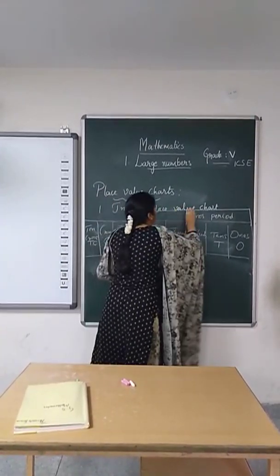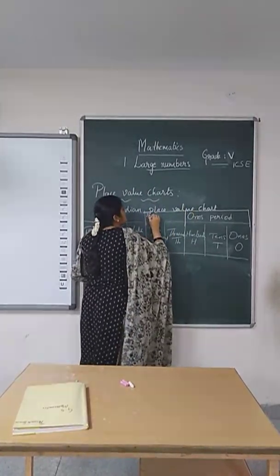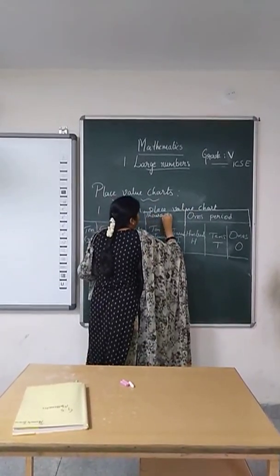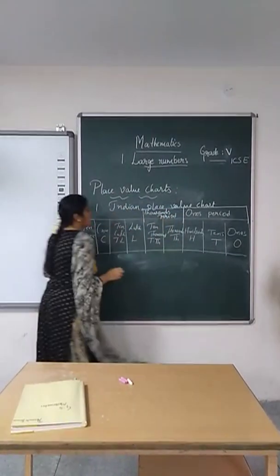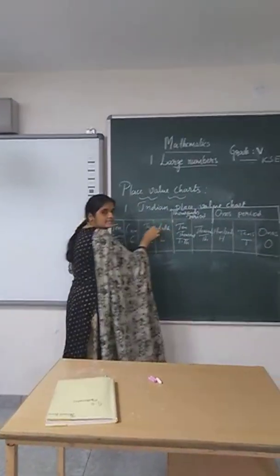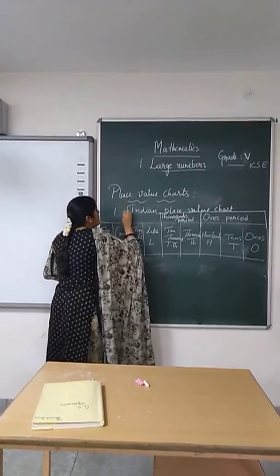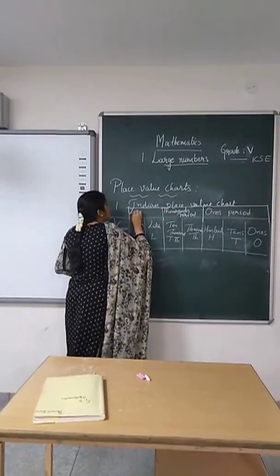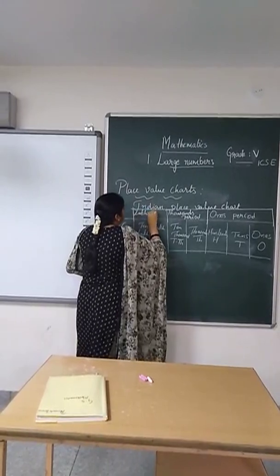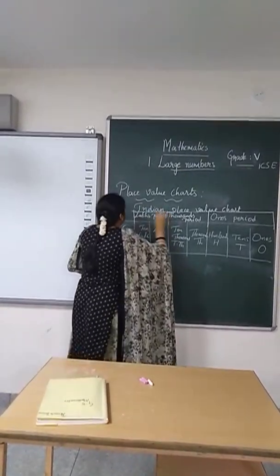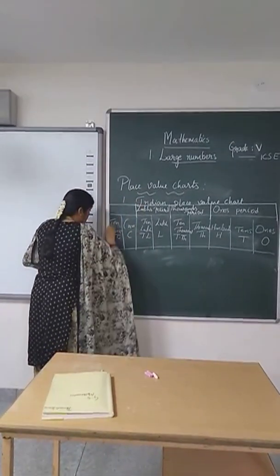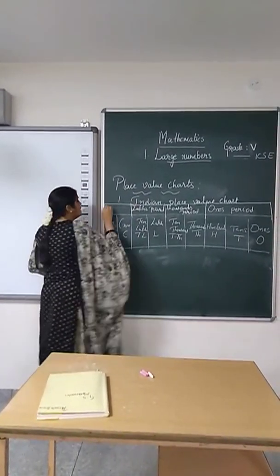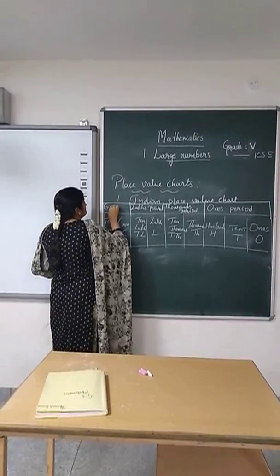These two will come under thousands period. And now you have lakhs and 10 lakhs. These two come under lakhs period. And you must be knowing now this crore and 10 crore comes under the crores period.